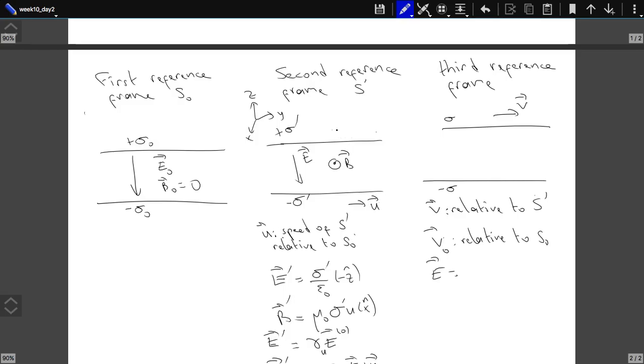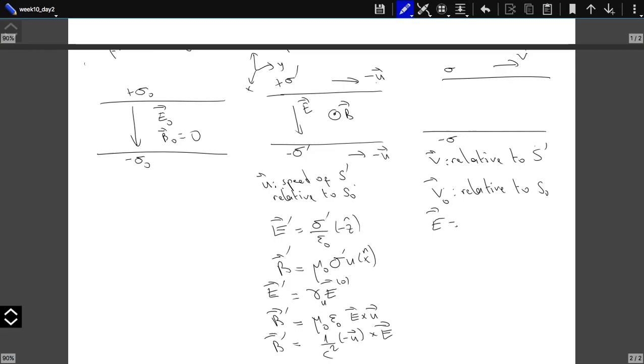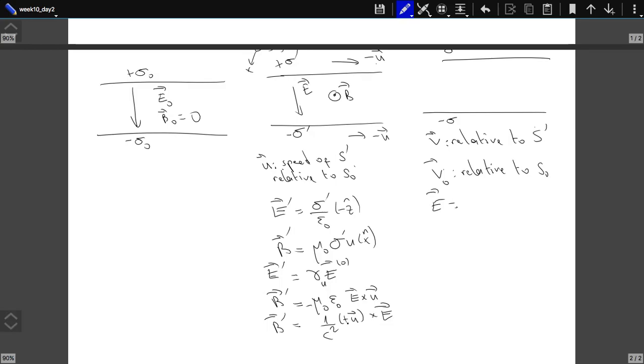Now u might be pointing in that direction, so minus u is pointing in this direction, so B is still in that direction. So here I have a minus sign, here I have a plus sign. Well, I wanted to avoid changing many things, so u is in that direction.